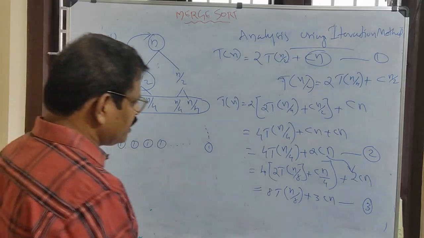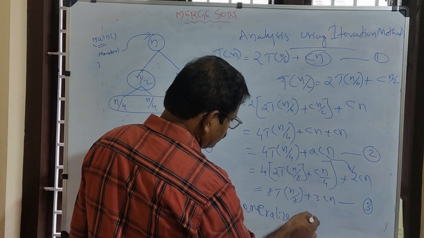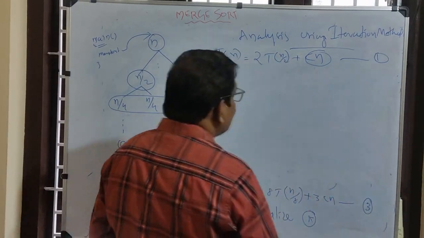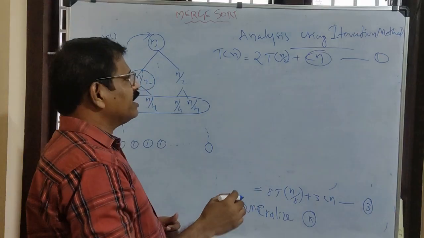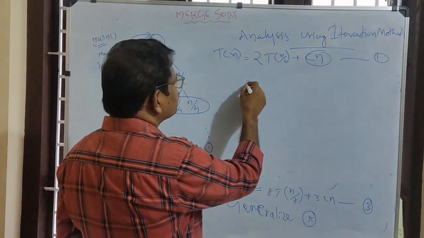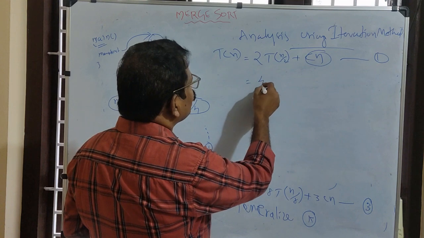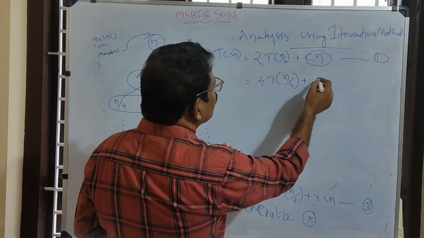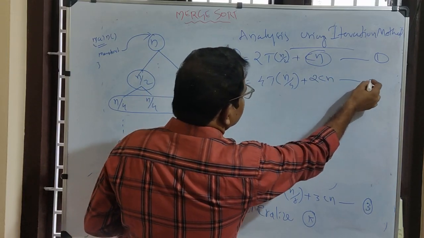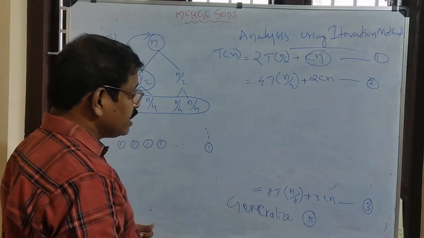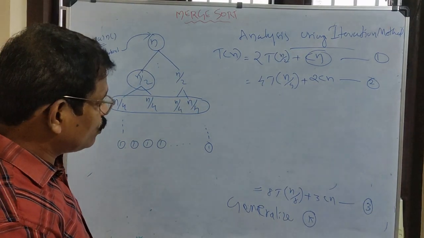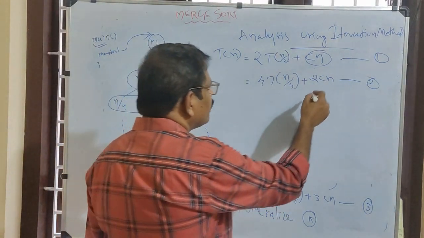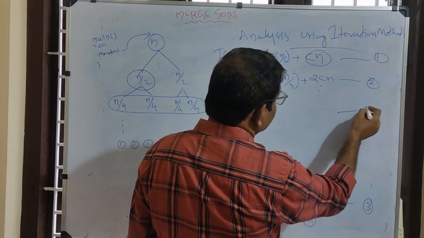So let us generalize this for some kth equation. We have T(n) equal to 2T(n/2) plus Cn. This is the first equation, and the next equation is 4T(n/4) plus 2Cn. This is the second equation, and the third equation is 8T(n/8) plus 3Cn. Then if it is like this, what will be our kth equation?